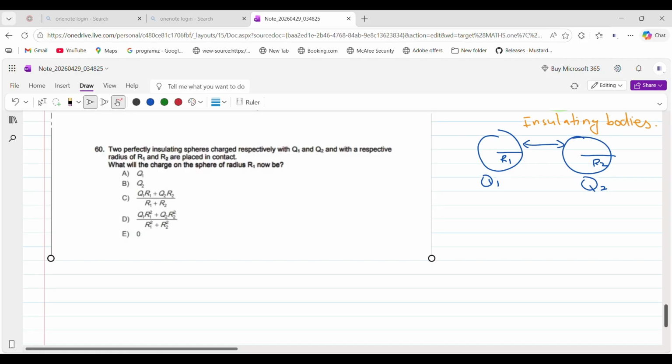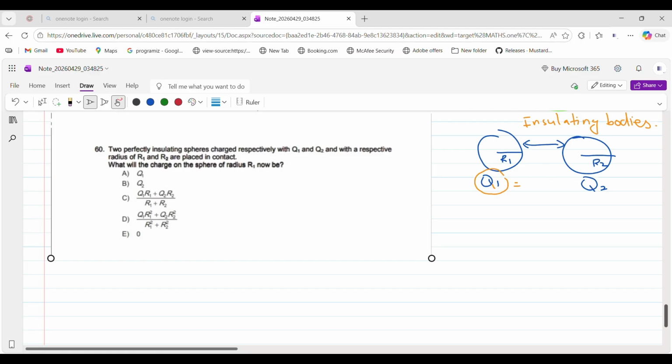What will be the charge on the sphere of the radius 1? They have asked us about this charge of the radius 1. Okay, we need to calculate this now. What would this be equal to? Now basically, if these two objects were placed in contact, and if they were not insulating bodies, they would distribute their charges, right?